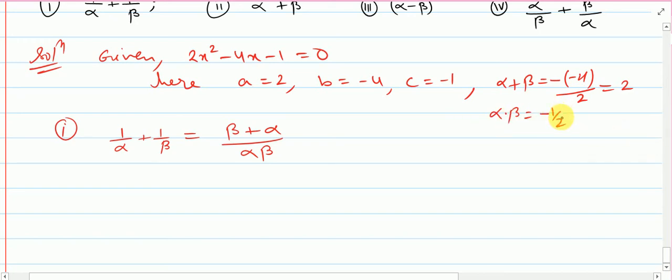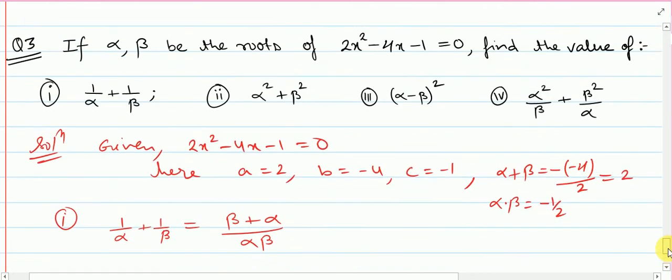Later on whenever we need alpha plus beta, we'll straight write that value. So here we can write 2 upon minus half, and this will become minus 2 into 2 equal to minus 4. So we got the value for this.